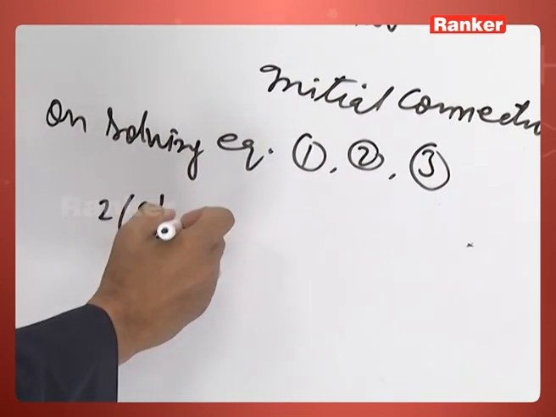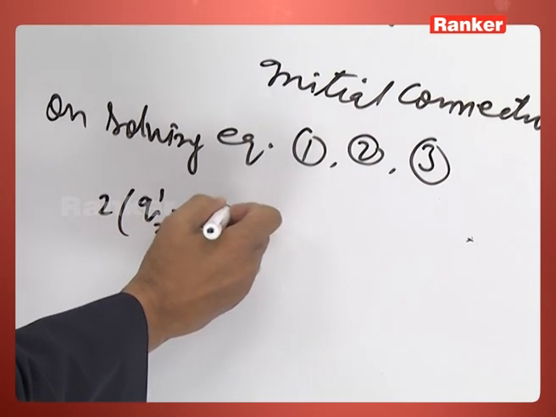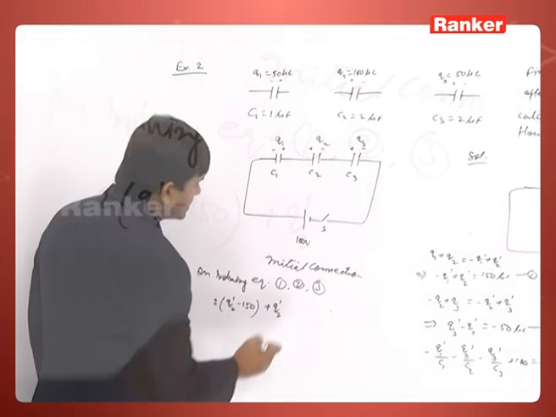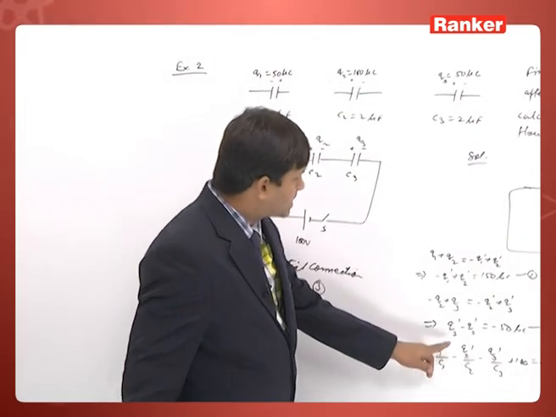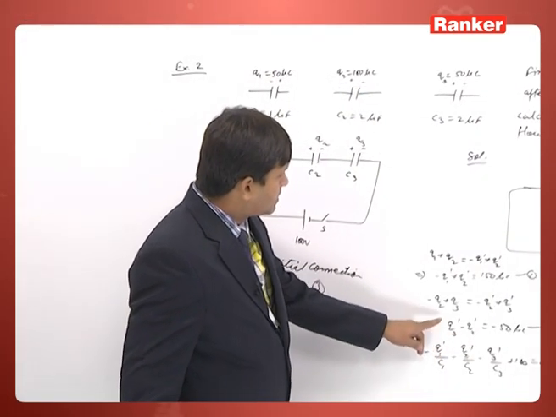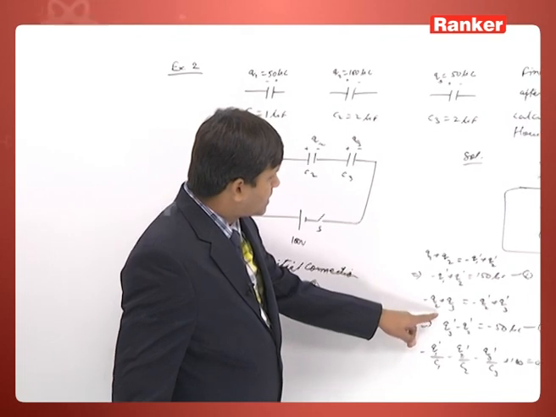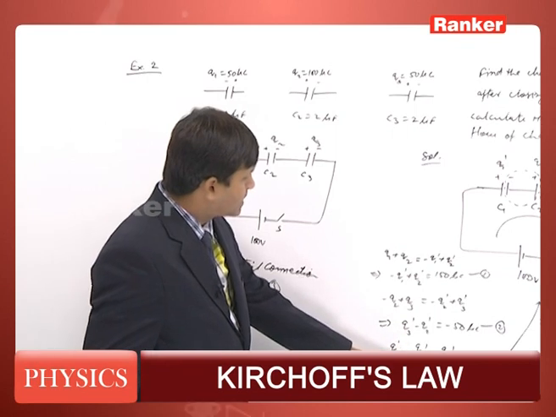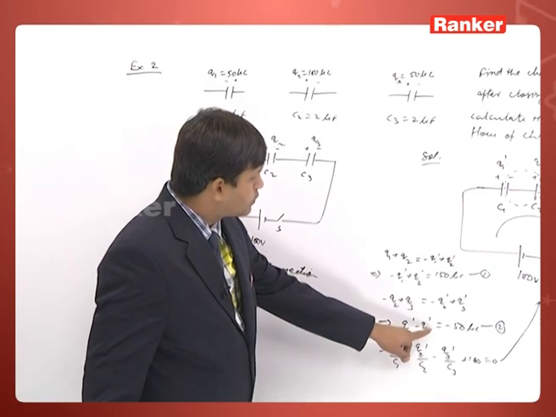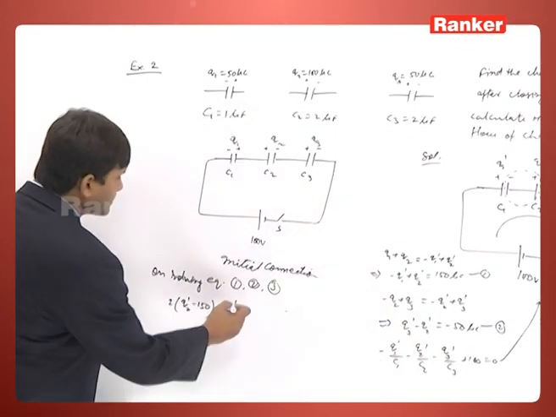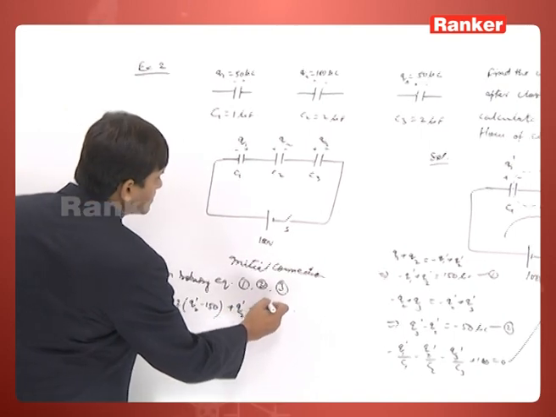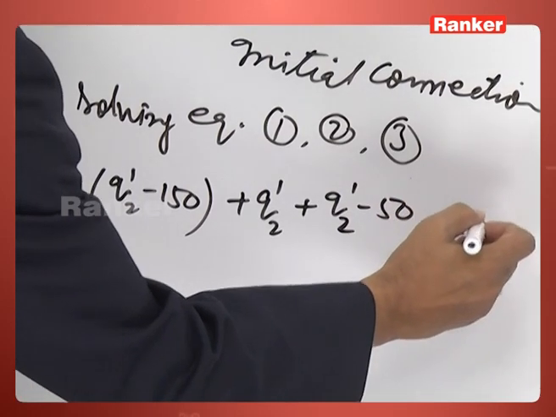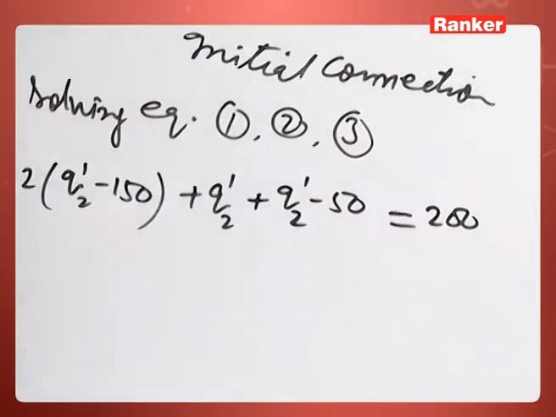Q2 dash minus 150 plus Q2 dash, and Q3 dash from this equation we can write: Q3 dash is equal to Q2 dash minus 50, which is equal to 200.